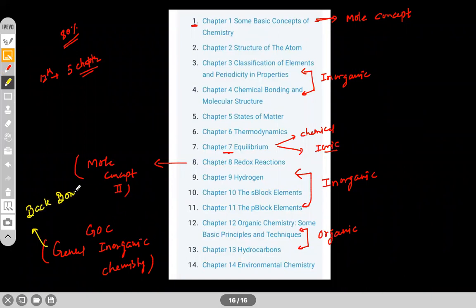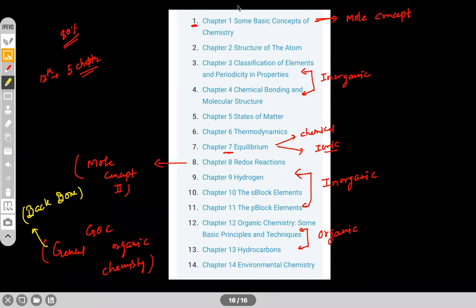If you do not understand it properly, organic chemistry will haunt you the entire year. It's not GIC, it's general organic chemistry, I have written inorganic by mistake. It's GOC. This is very important to understand, otherwise organic chemistry will haunt you in the 12th grade.